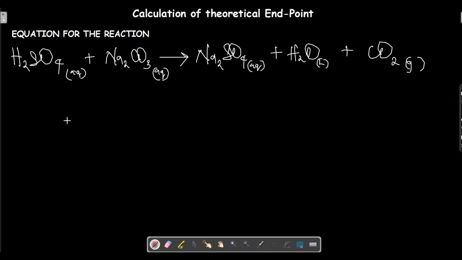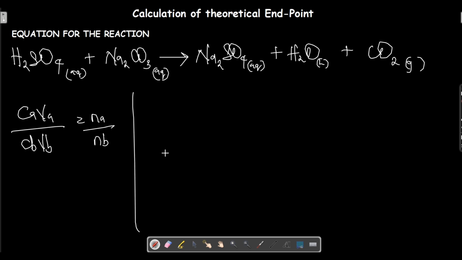So now to get the theoretical endpoint, we use CAVA over CBVB equal to NA over NB. Now let's go over to inputting the parameters.